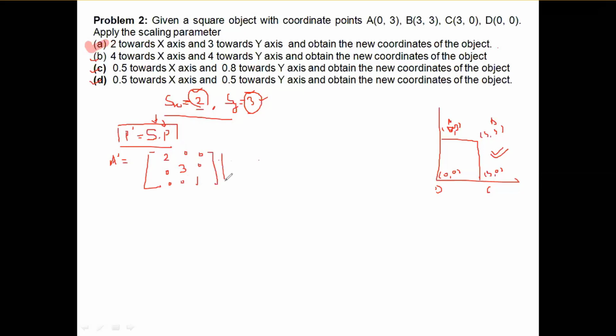The old value of A is 0, 3. The answer will be 0, then 9, and this will be 1. The rest of the entries are 0. You can simply calculate it by multiplying.